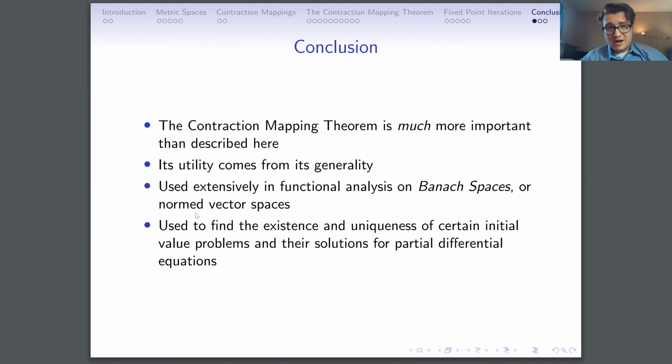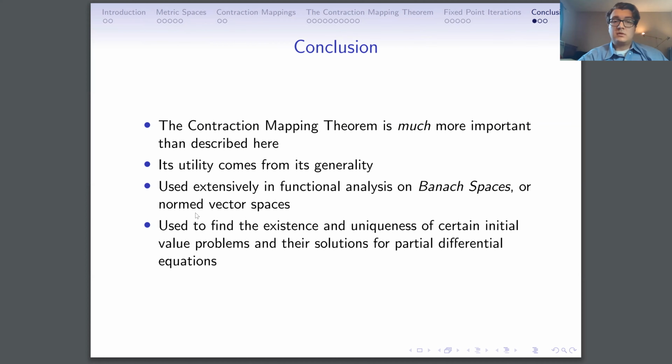Now, the contraction mapping theorem is really much more important than described here. This is some rather basic information when it comes to contraction mappings. And really its utility comes from its generality, right? So my particular example about Newton's method narrows down on closed bounded intervals on the reals. However, like I said, contraction mappings and complete metric spaces aren't necessarily restricted to R^n spaces, right?